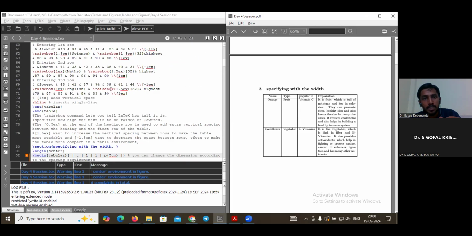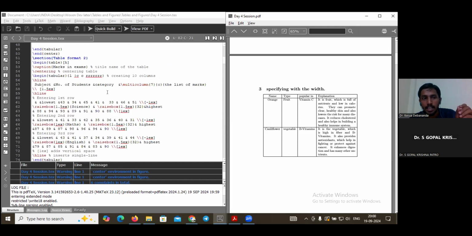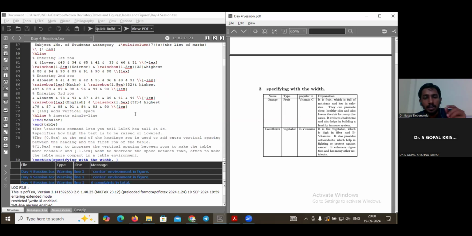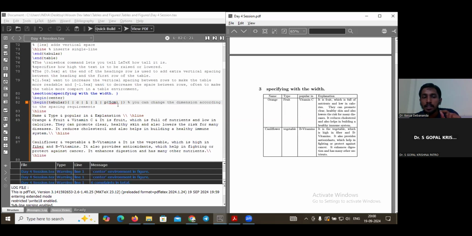Till now we have discussed the \hline commands, L, C, vertical lines, and double slash, multicolumn. Now it comes to p{5cm}. If you practice more tables, you will become familiar with these things.